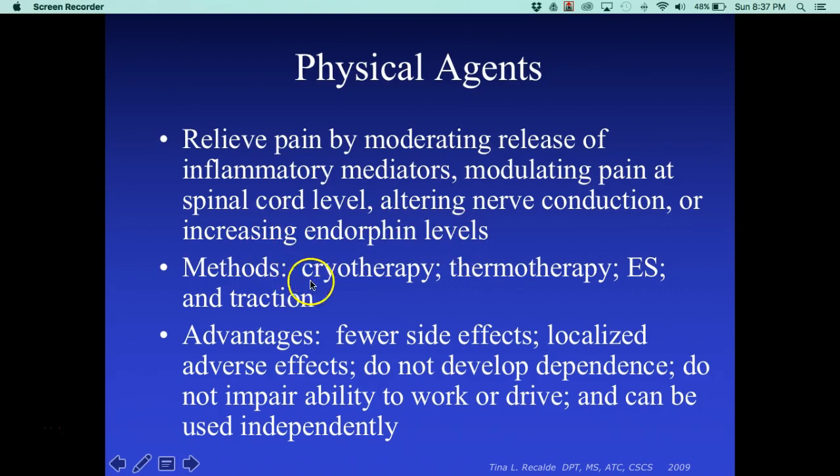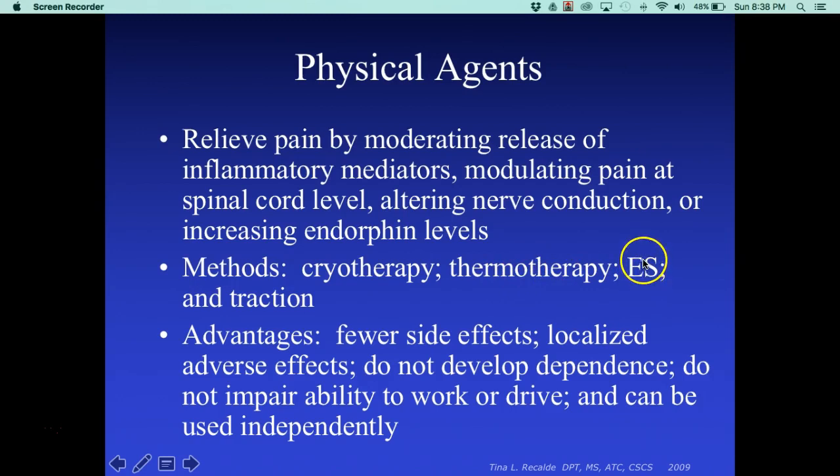The different methods, we have cryotherapy, which is ice massage, cold pack, ice pack, maybe Game Ready, like a vasopneumatic compression with the cold. Thermotherapy, which is going to be like heat, ultrasound, paraffin, anything that heats up the tissue.